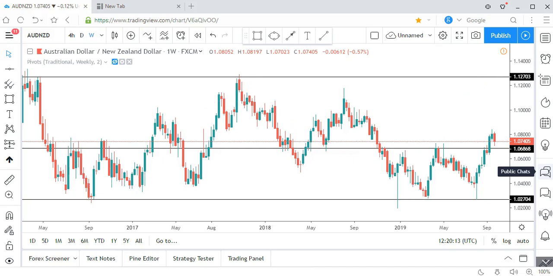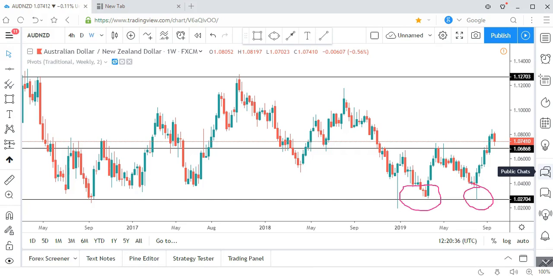So if price has been trading between these two levels, the 1.12703 level and the 1.0270 level, that means price has tested this level this year, this level again this year.